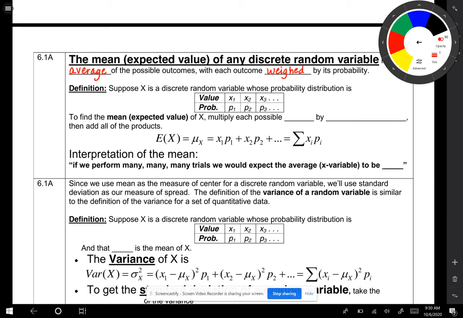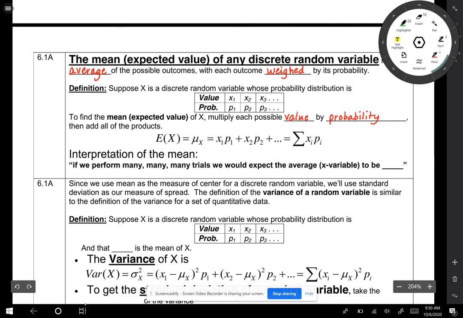You multiply each possible value by the probability, then add all the products. So what you do is you multiply this times that, and then you multiply x2 times p2 and so on, and you add them all together, and you don't divide by anything, and that'll give you the expected value or the mean.